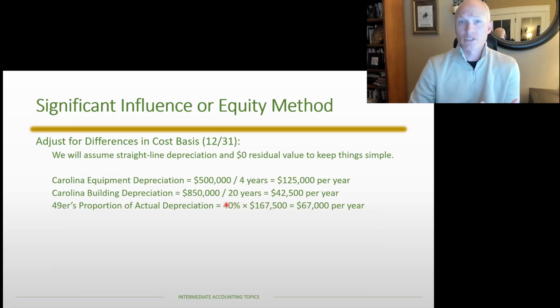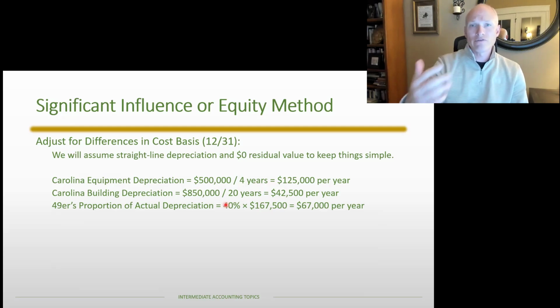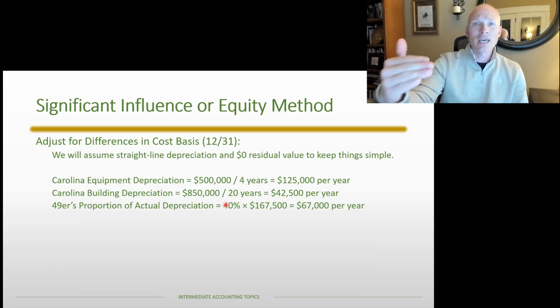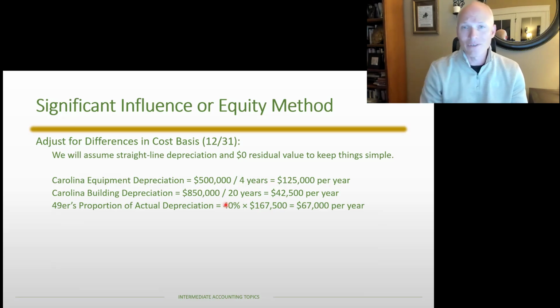But 40% of that depreciation would have been proportionally in the income that I recorded as my investment revenue, right? That depreciation would have affected their net income. Since that net income affected my investment income, it means that my investment income is related to the depreciation of the investee's identifiable assets.